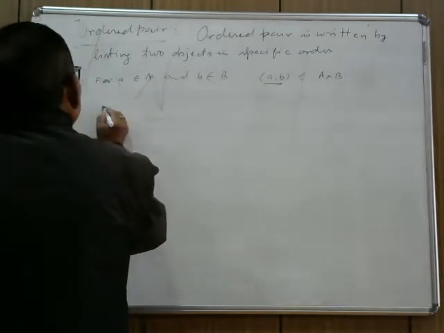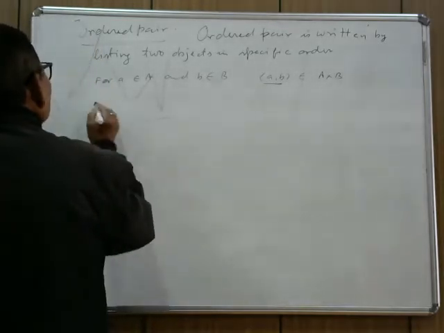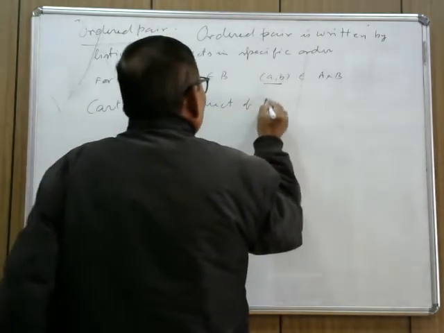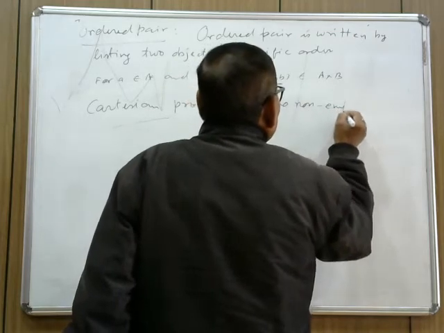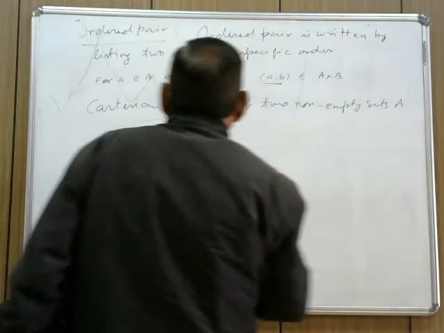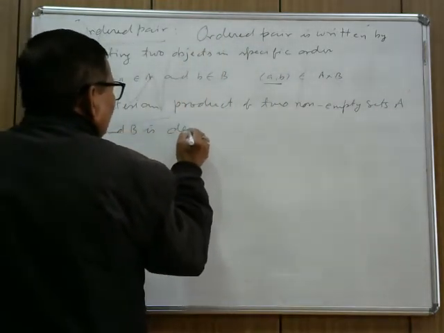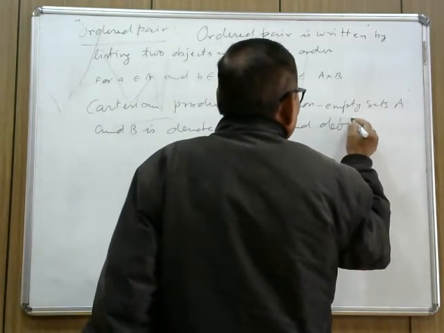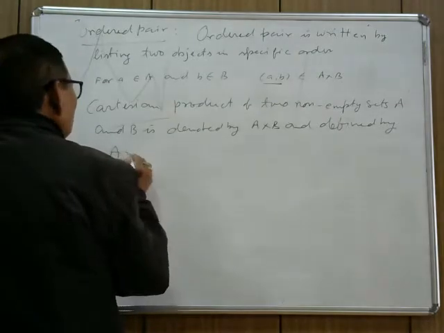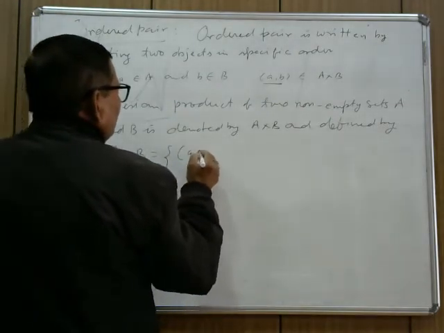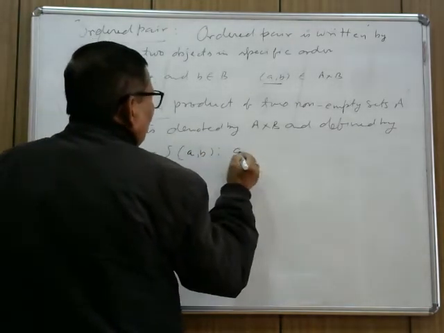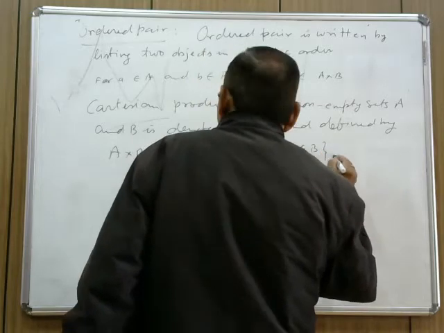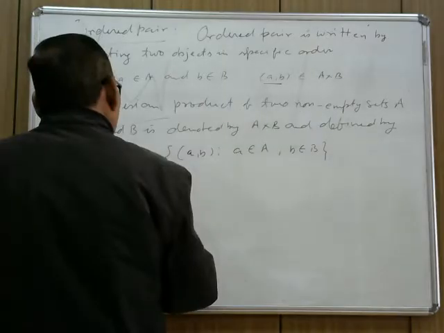So the Cartesian product of two non-empty sets A and B is denoted by A cross B and defined as A cross B equals the ordered pairs (a, b) such that the first element a is a member of A and b belongs to B. So what can you say about (a, b) and (b, a)?